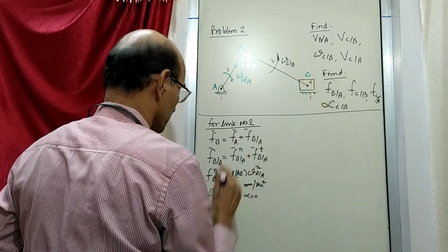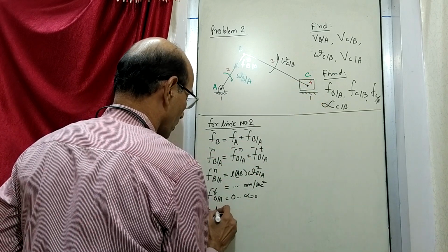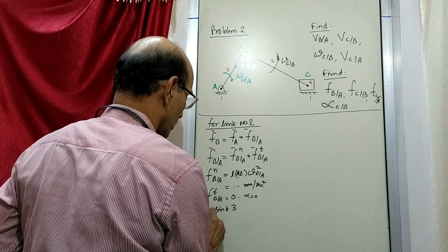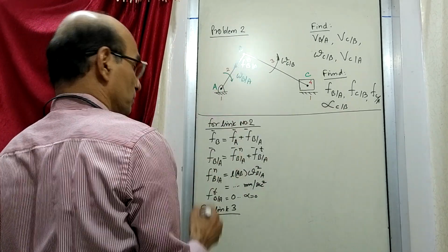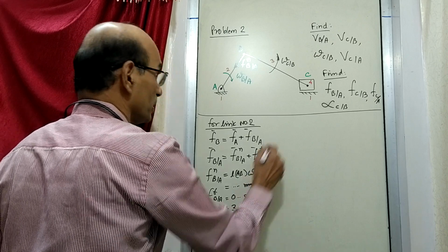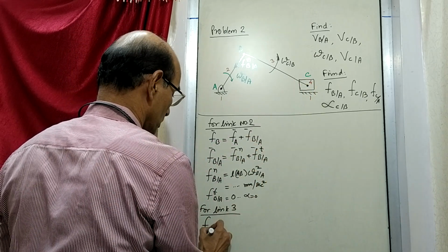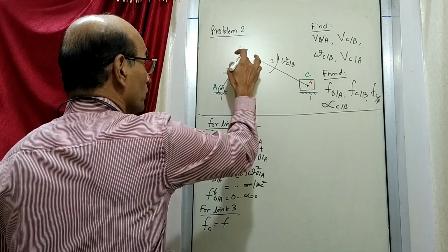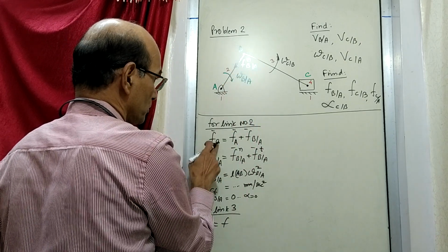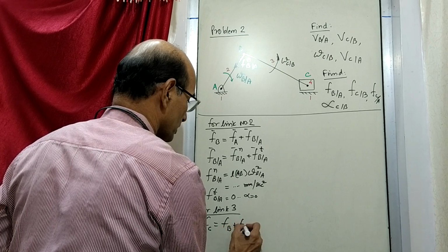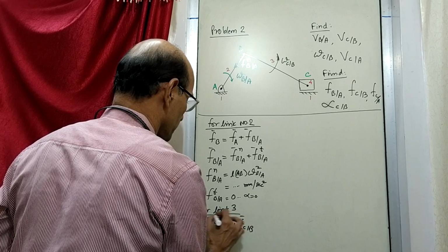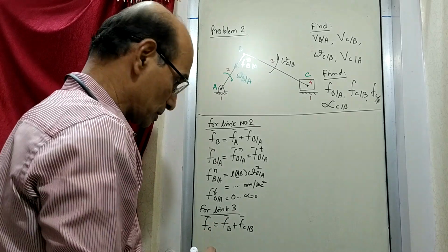For link number 3, now see what happens for this link. We say acceleration of any point is equal to acceleration of a known point. We know now the acceleration of B, plus acceleration of C relative to B, and they are all vectors.